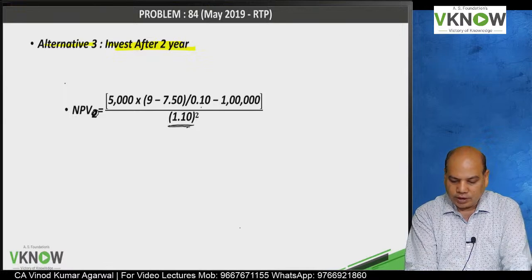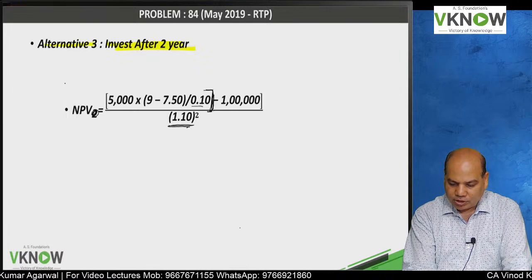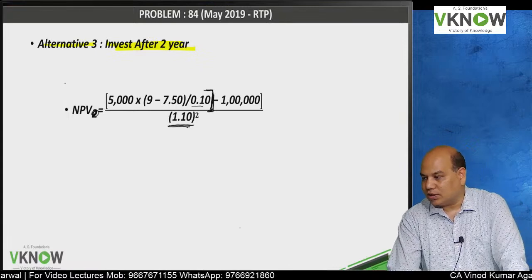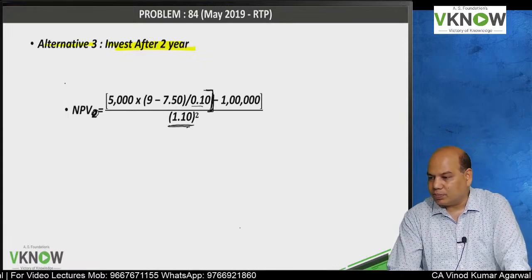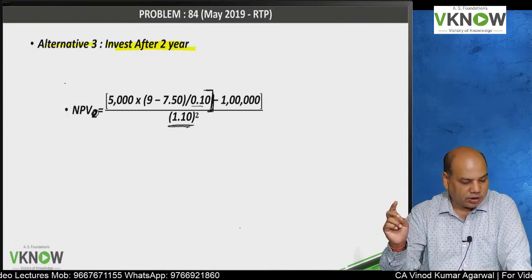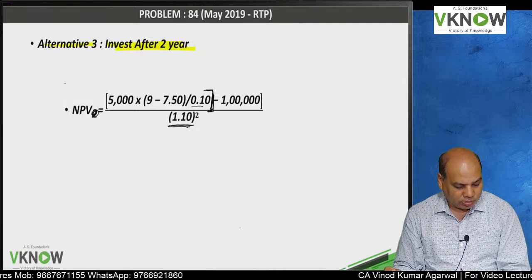The whole thing you divide by 10%. That will give me PV of perpetuity minus 1 lakh investment, divide by 1.10 to the power 2. This is for present value calculation today.